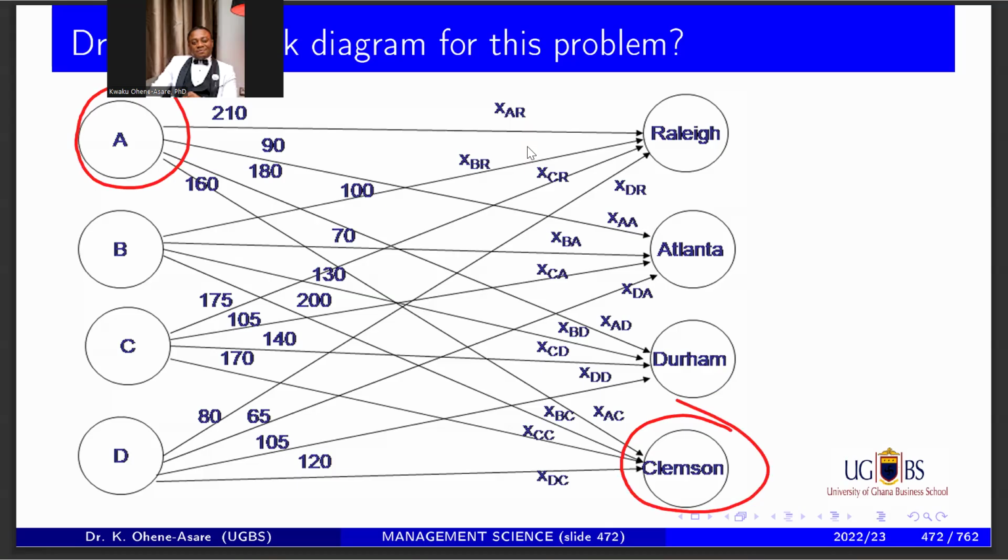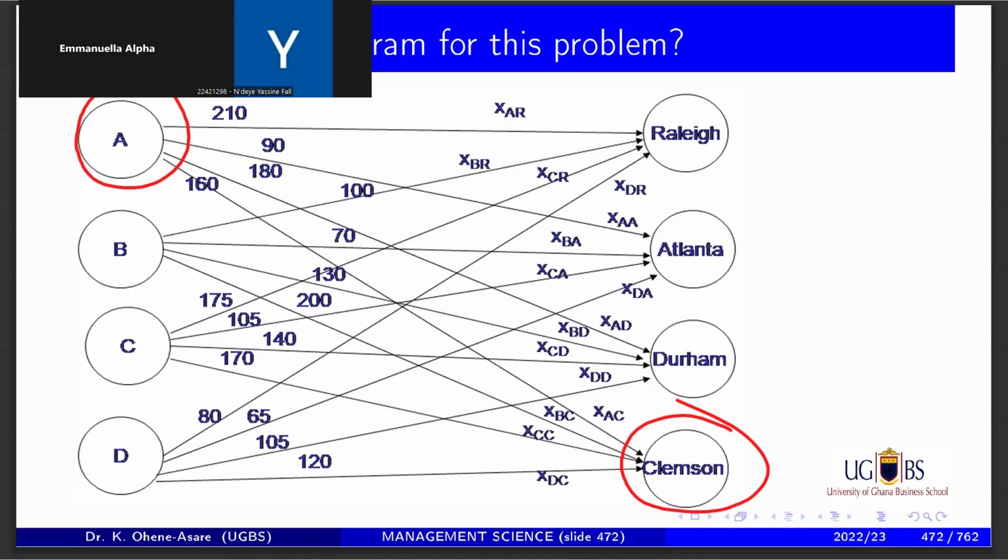Okay. Official A and Clemson, game site. Who can tell me how to formulate the constraint for official A? Just use the information that you have on your screen. Who can tell us? Emanuela. So XAR plus XAA plus XAB plus XAC is equal to 1.